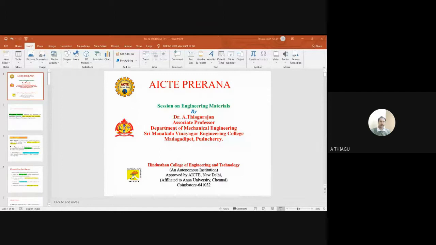So what is meant by phase diagram? Normally we have some data that should be represented to identify the structure. A phase diagram is nothing but a graphical representation. We need 2 axes, X and Y. In the X axis, we represent the weight percentage of carbon. In the Y axis, we keep the variable of temperature.